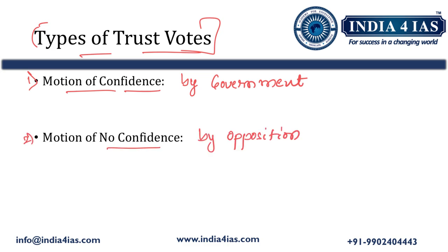This is initiated by the opposition to challenge the government's majority. So the motion of confidence is by the government to prove its majority, and the motion of no confidence is by the opposition to challenge the majority of the government in the state legislative assembly. That is the difference between motion of confidence and motion of no confidence.